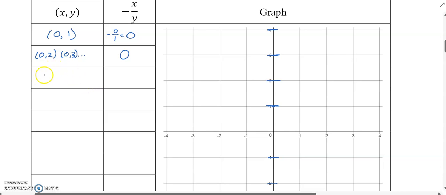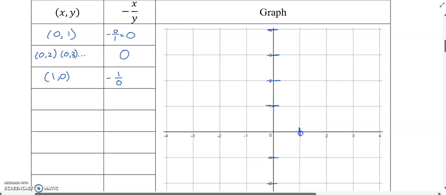Okay, let's consider another point, (1, 0). Well, that's going to put negative 1 over 0 as our slope. Now that's undefined, but it's not ungraphable. It means that our rise is negative 1 while we run nothing at all. So at the point (1, 0), we're going to have a vertical line.